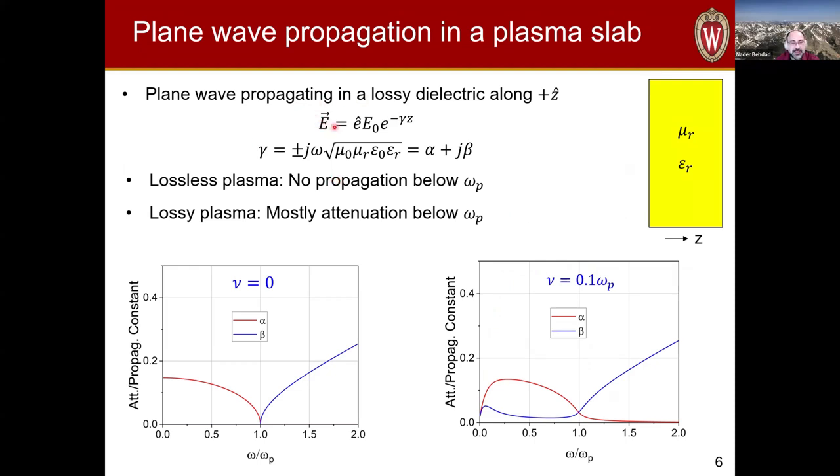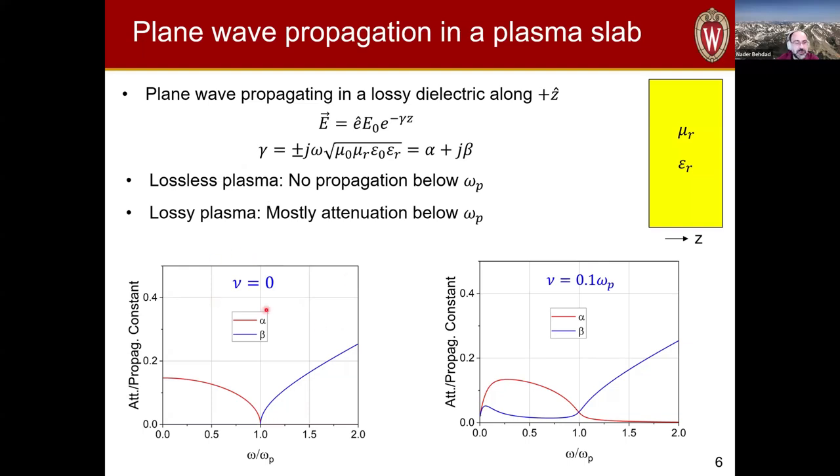Imagine that I have an electromagnetic plane wave that's trying to propagate in the positive z direction through this slab, and you can simply calculate the complex propagation constant of this wave. It's going to have a real part and an imaginary part if the dielectric constant is a complex number, and you can plot the real and imaginary parts of this propagation constant and see what happens.